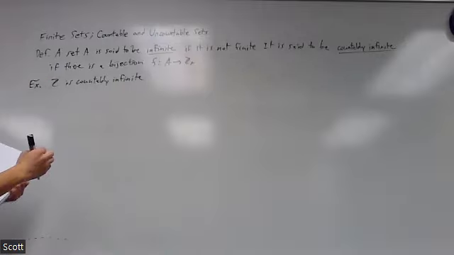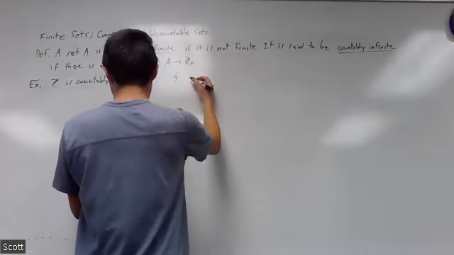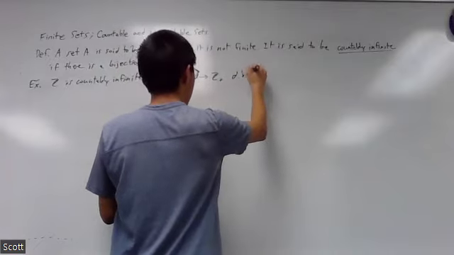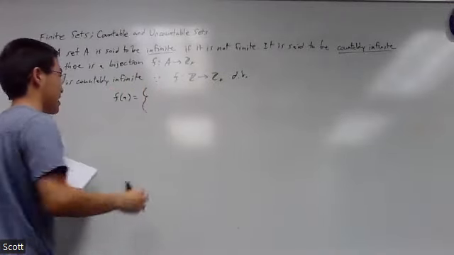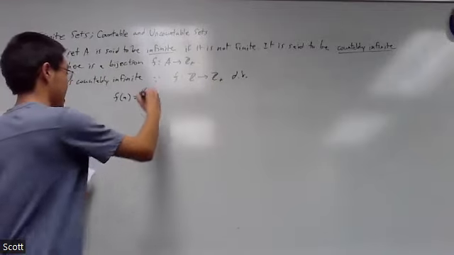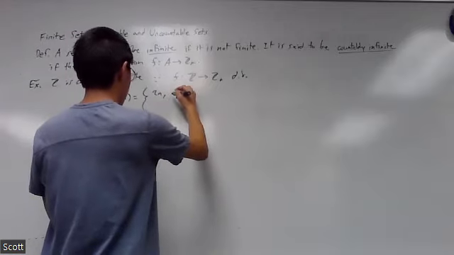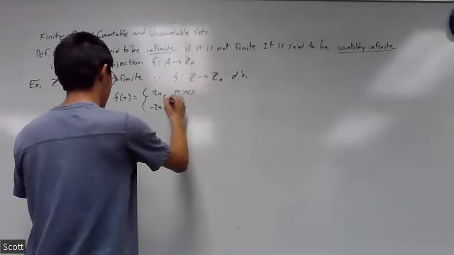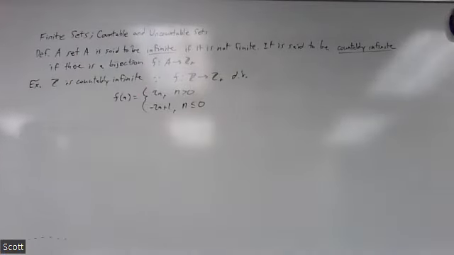So the integers are countably infinite because we can find a bijection taking all of the integers to the positive integers, specifically defined by f of n, where this assignment was done as an example in the algebra book: we take all the evens and associate them with the positives, and the odds with the non-positives. So that's the bijection, and this is the relabeling. It's like they stagger the relabeling.